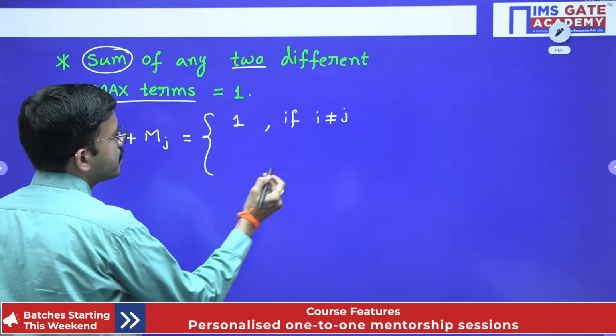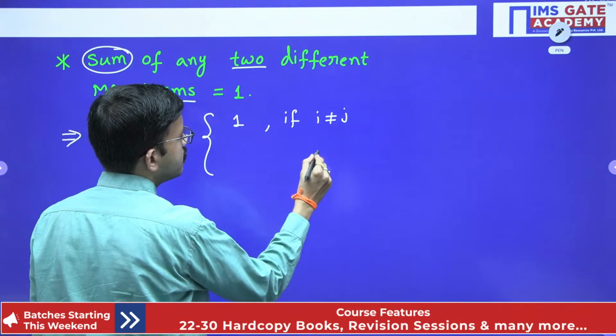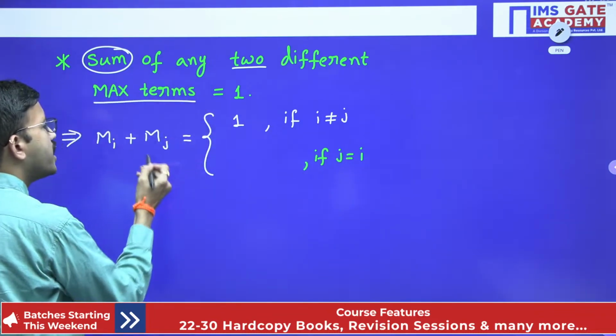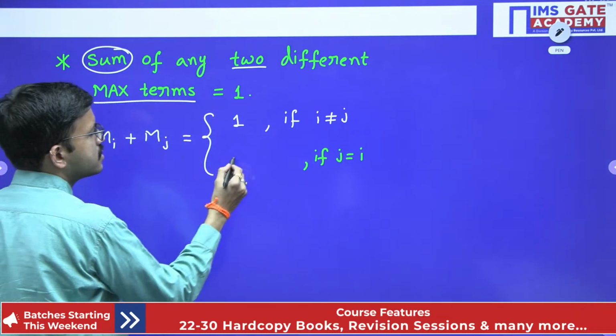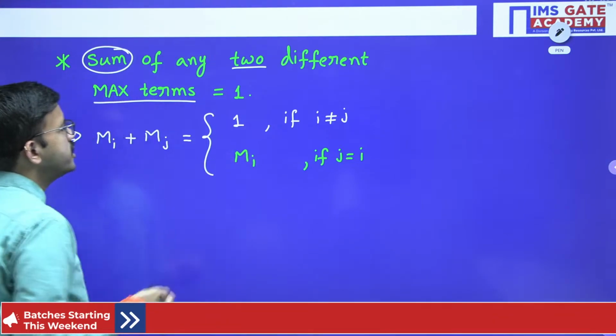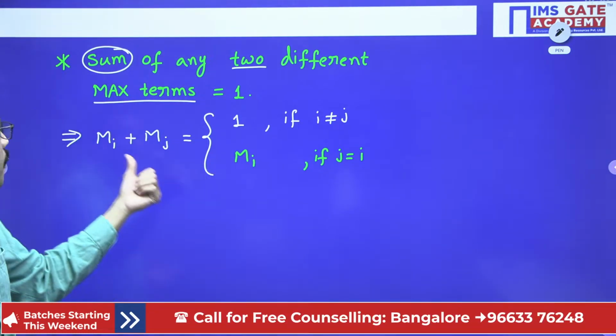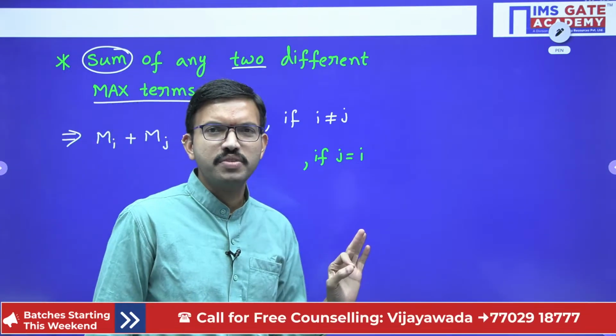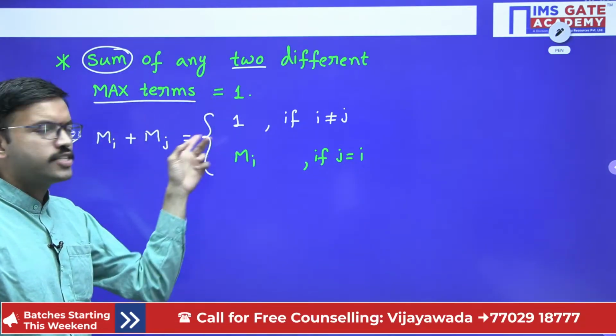But if j is equal to i, that means Mi plus Mi is nothing but Mi. Don't write it as 2 times Mi. That will be okay in normal mathematics, but here we are dealing with zeros and ones.